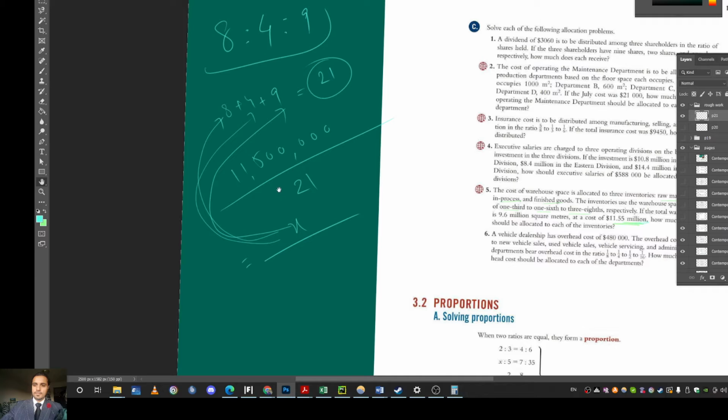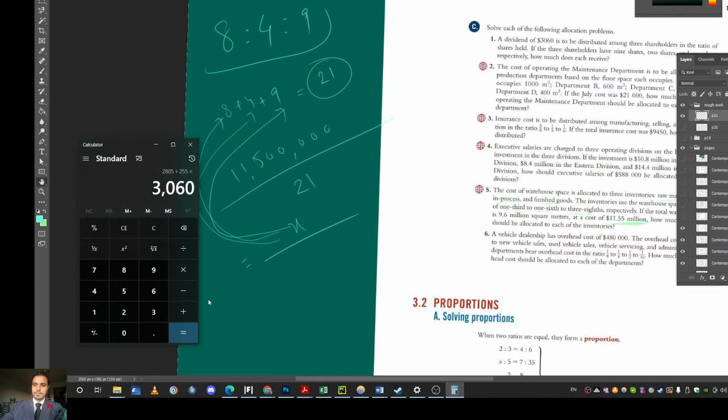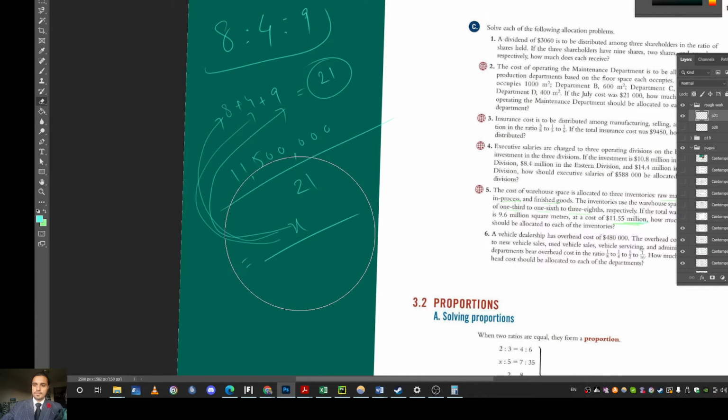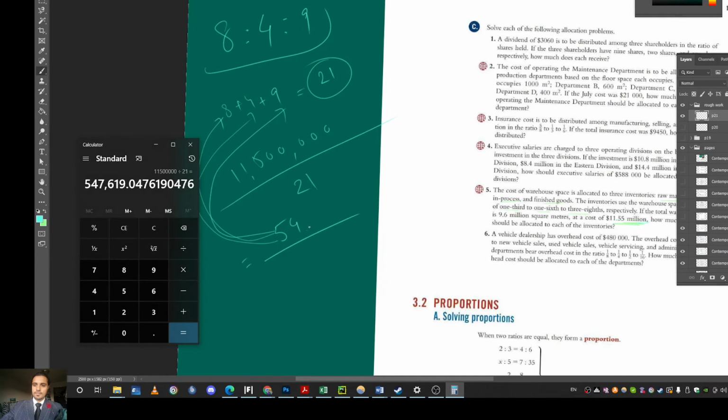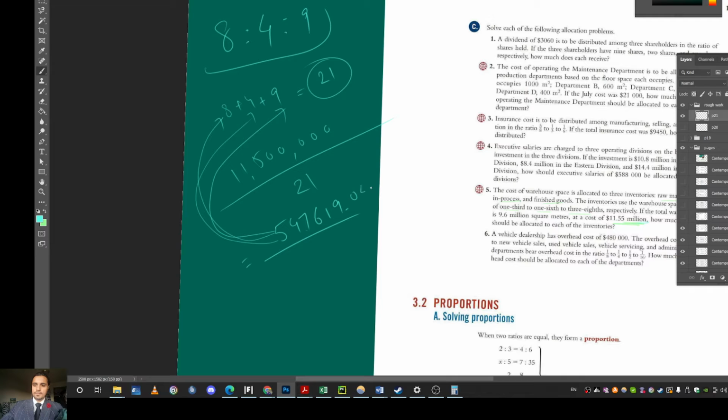Let's look at our calculator. 11.5 million divided by 21 gives 547,619.04.